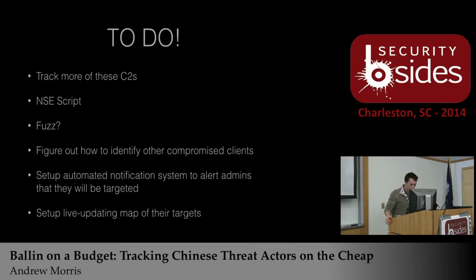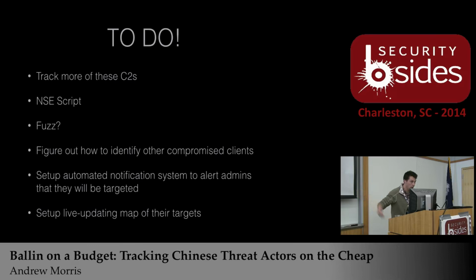Some other stuff that I want to do is figure out how to identify other compromised clients. Conventionally, there are a lot of different ways to do this. If you've got malware that's using an IRC server or something like that, sometimes you can literally just log into the IRC server and see all of the host names and IP addresses of other compromised clients.